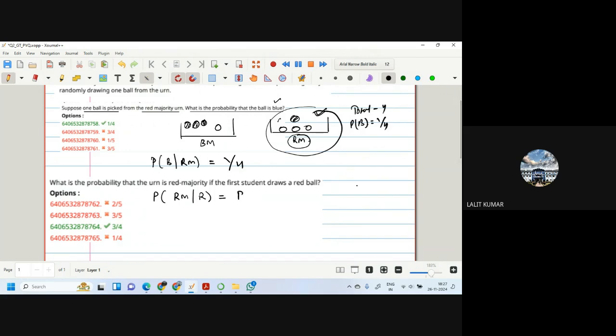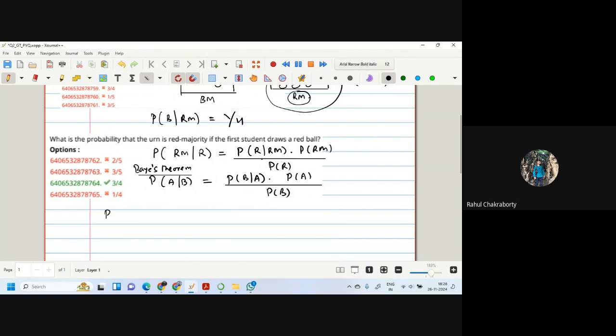Here it will become probability of red over red majority into probability of red majority, divided by probability of red. This comes from Bayes theorem. Probability of A over B is equal to probability of B over A into probability of A, over probability of B.